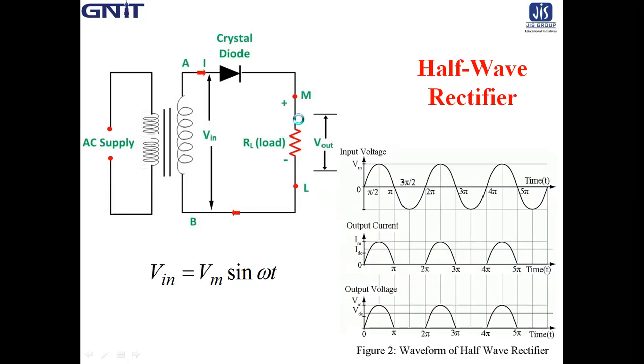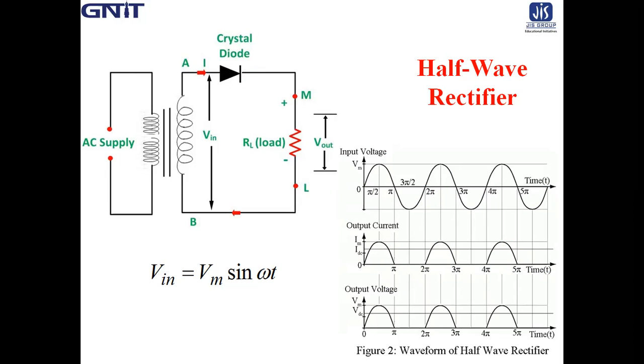Because in the positive half cycle, diode D is in forward bias, and in the negative half cycle, diode D is in reverse bias. That is why we did not get any current or voltage.